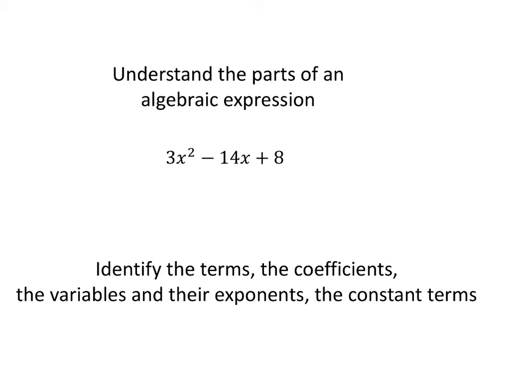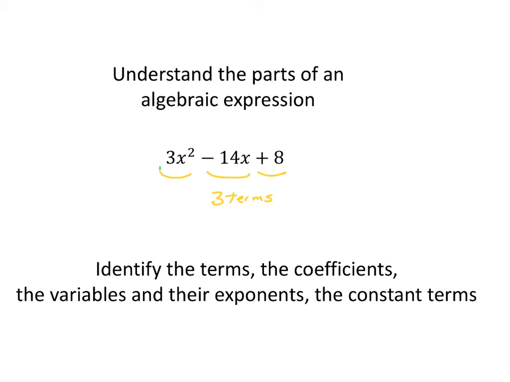Parts of an algebraic expression. An algebraic expression is actually one or more terms, each term having a number or a coefficient, a variable, exponents, like this. In this case, we have three terms here. 1, 2, 3, so that's three terms. Each term has its own parts, so let's start with that first term.